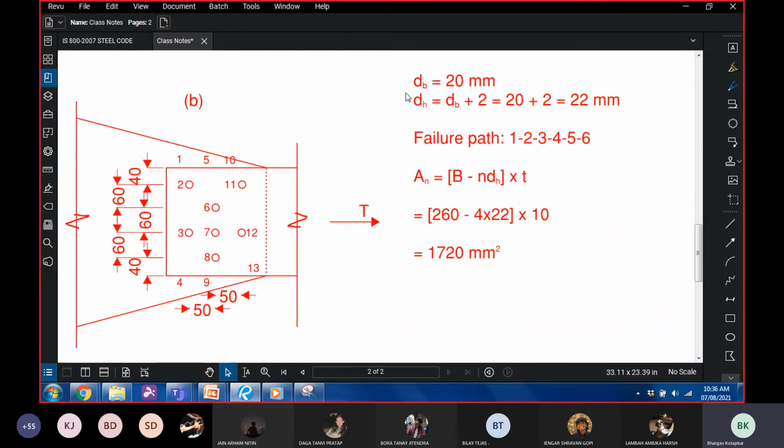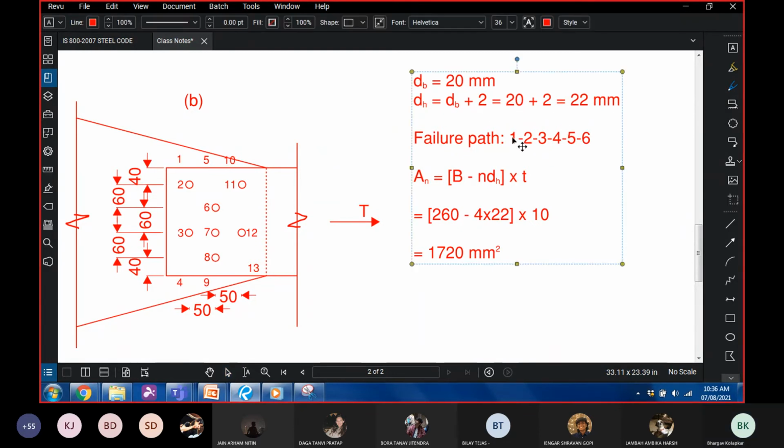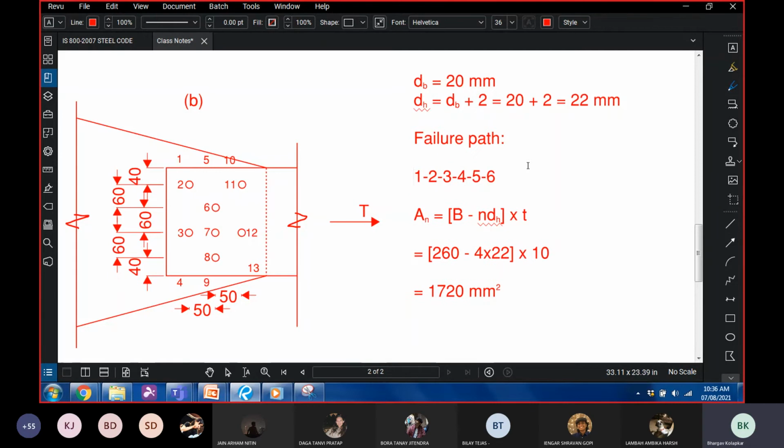Okay. So here as well, the diameter of bolt is 20 mm. The diameter of hole is d_b plus 2, which is 20 plus 2, which is equal to 22 mm. Now here, we cannot say with certainty which is the easiest failure path, so we'll have to do some calculations. Let us look at various failure paths one by one.